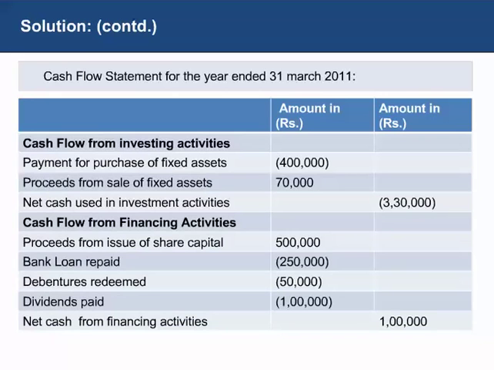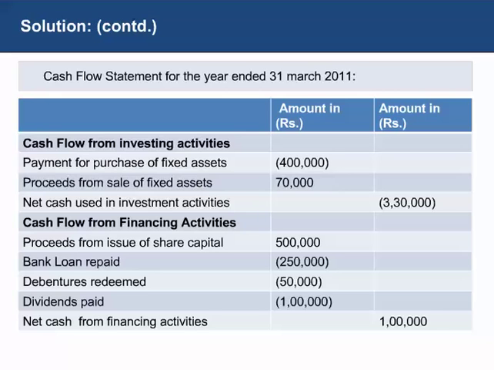Friends, now let's classify the balance items into either investing activities or financing activities. Cash flow from investing activities would have payment for purchase of fixed assets, 4 lakh. Proceeds from sale of fixed assets is 70,000. Thus, the net cash used in investing activities is 3,30,000.